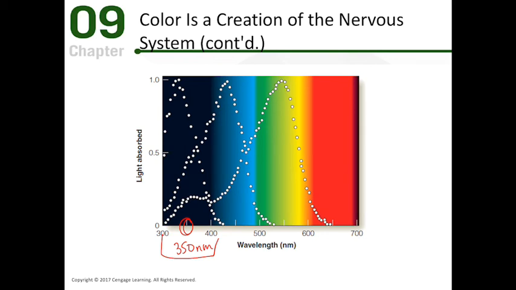So when we consider all of our perceptual experiences, and we're going to get to hearing with the ear and all sorts of other chemical senses, bitterness, sweetness, how is it that we're able to determine what those things are? It really comes down to the fact that our nervous system is shaping our experience as well as creating the things that we experience.